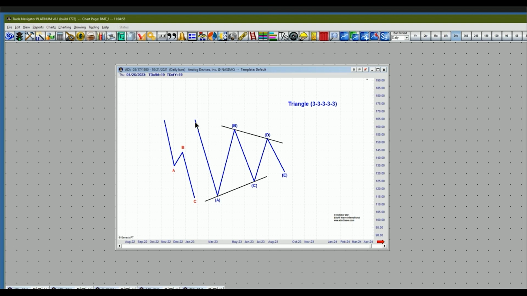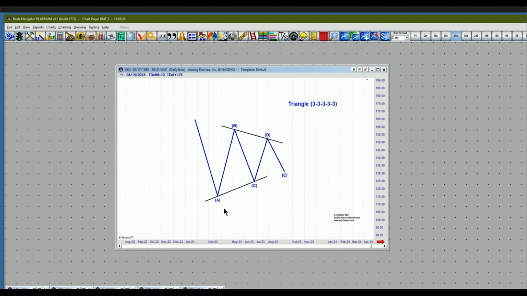So if wave A is a zigzag, and you look at wave B and it's a flat correction, it's not a triangle. Each wave of a triangle must be a zigzag or a variation thereof, which is nothing but a fancy way of saying a double zigzag. Those are the building blocks of a triangle.